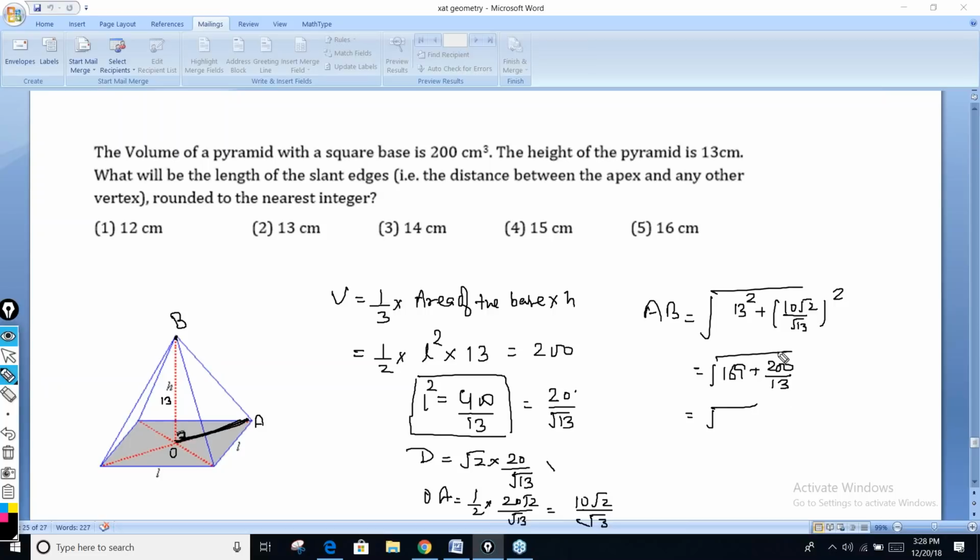So approximately this value is 15 point something, that is 184 point something, so the nearest integer will be 14. That is a simple question. This OA you can get.